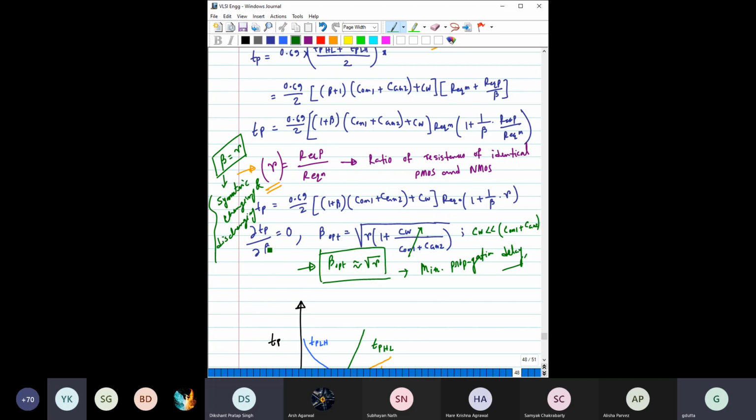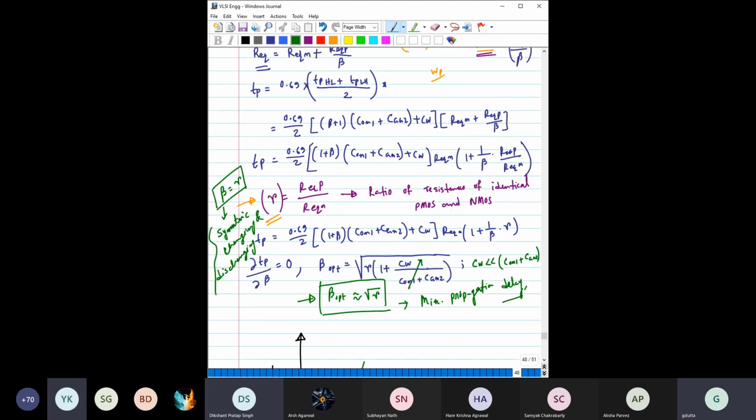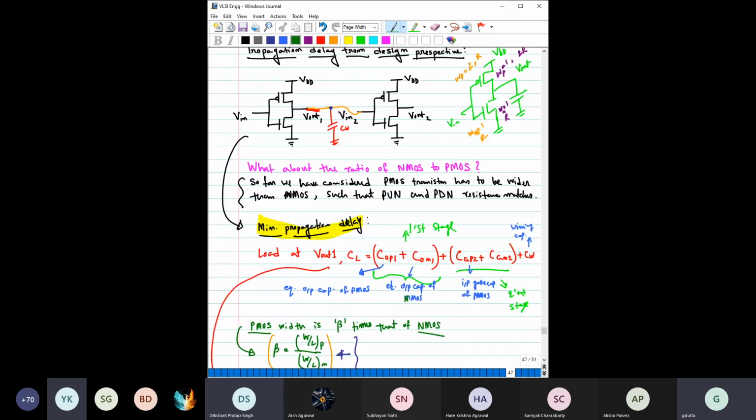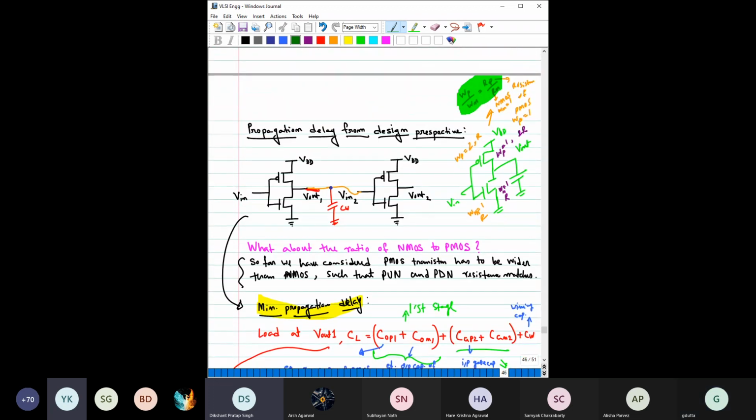Say for example, let's say this is 2R, okay, this is R, right? Then making WP equal to 2 and WN equal to 1 would give you symmetric charging and discharging profile.